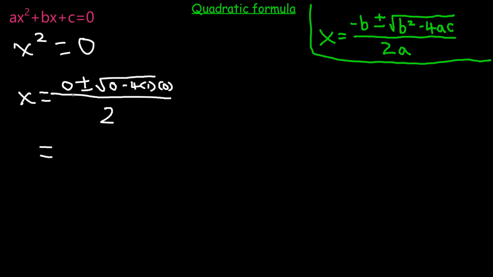So x is equal to 0 plus or minus the square root of 0 minus, we have a multiplication of 0 here, so we've got 0 plus or minus 0, we're just going to have 0.